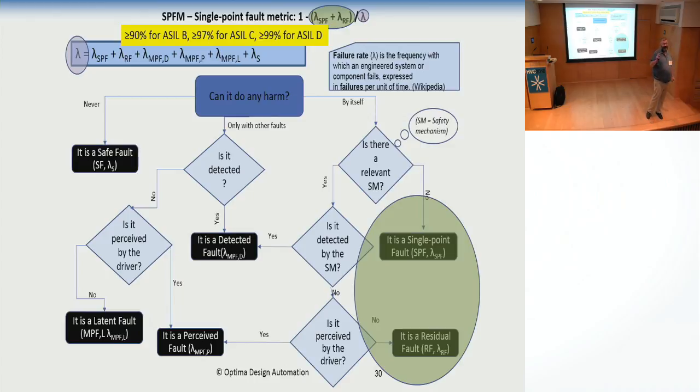So yes, there are ways to get around this, and some people are, as I said, silly enough to try, but the real metric, from my perspective, is the FIT rate. And there you cannot cheat, because it doesn't matter how many infotainment parts you add, you do not really dilute the failure in time aspect.